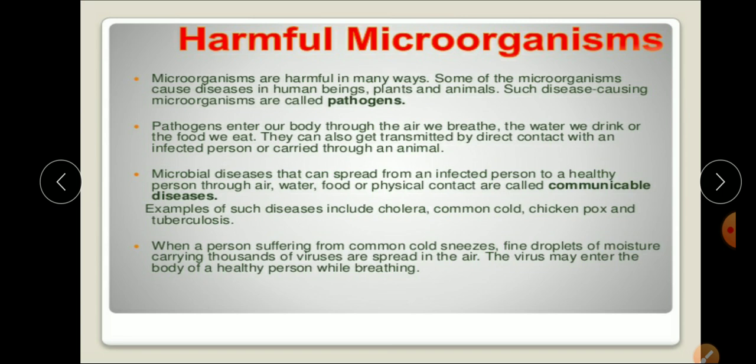When we breathe in, that virus can enter our body also. In that way, we can also suffer from the disease that person was suffering. Understood? So this is how microorganisms are harmful, and microorganisms can clean the environment also. They can be harmful too. Understood?